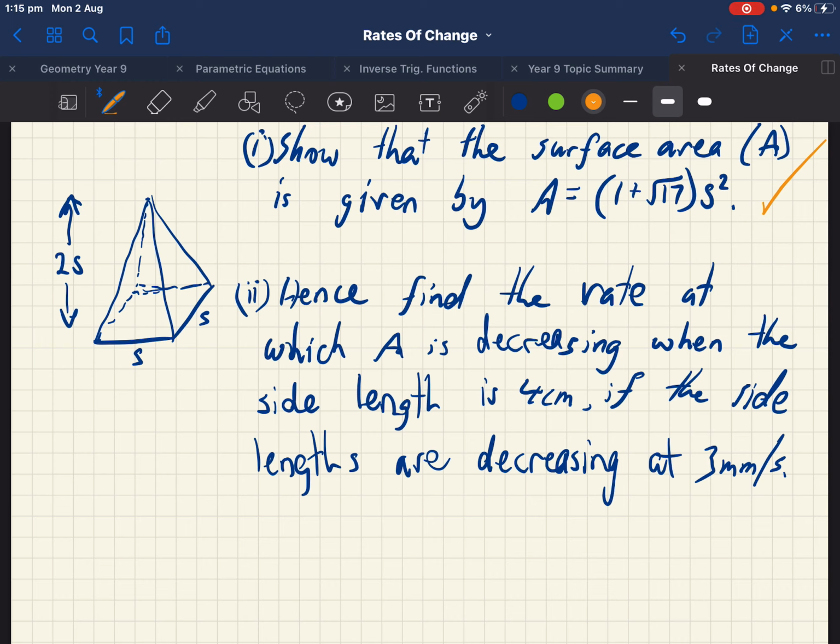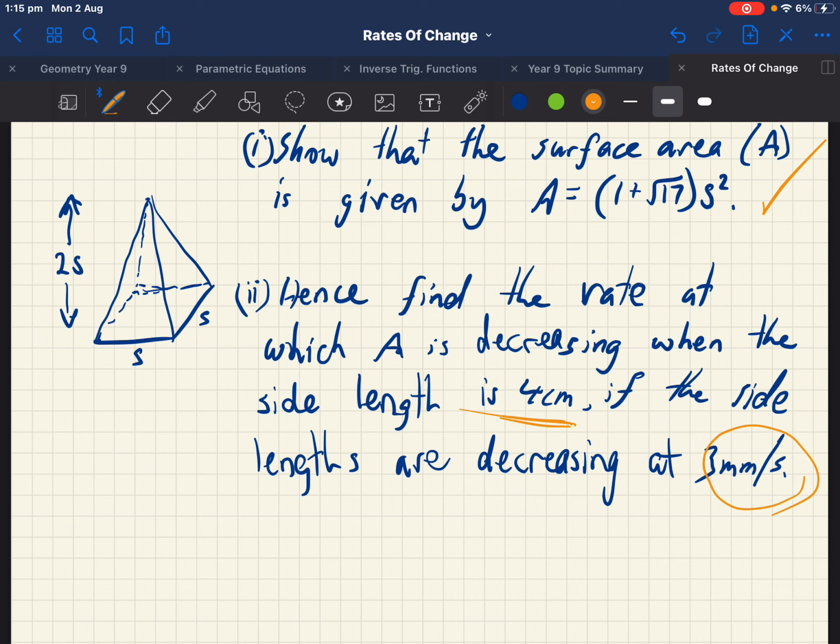This whole shape is maintaining its shape, right? It's just getting smaller and smaller. As you can see, 3 millimeters per second is the decrease that's happening. And eventually the side lengths will drop down to 4 centimeters. At that point, we want to find how quickly the surface area is decreasing at that particular moment.